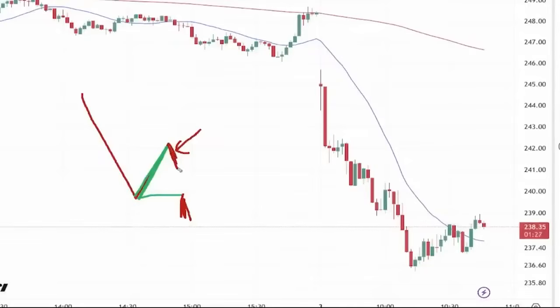Do you see the difference? Sometimes that green's going to drift up and then break. But sometimes the green is going to drift sideways and then break. Tell me you understand this. Are you picking it up?